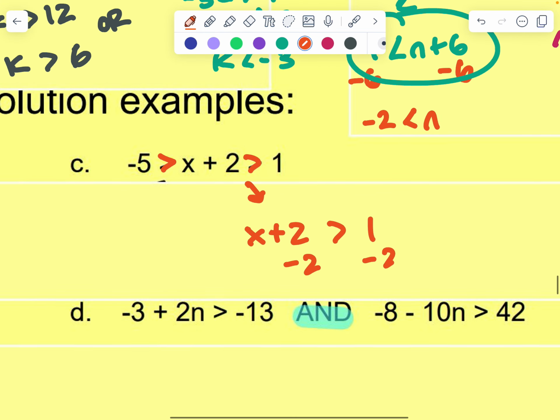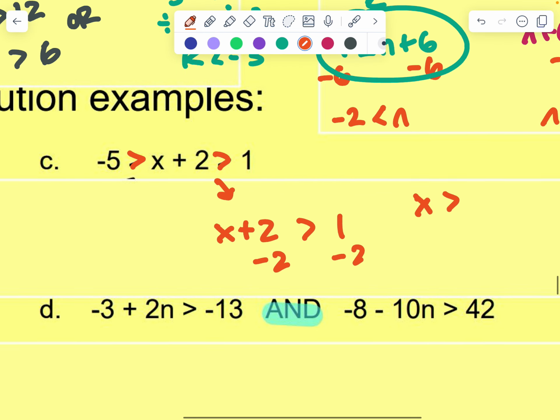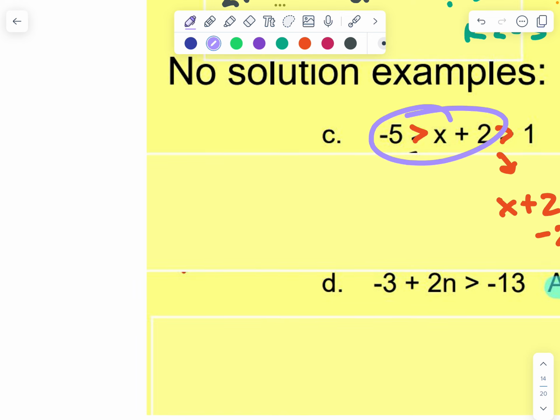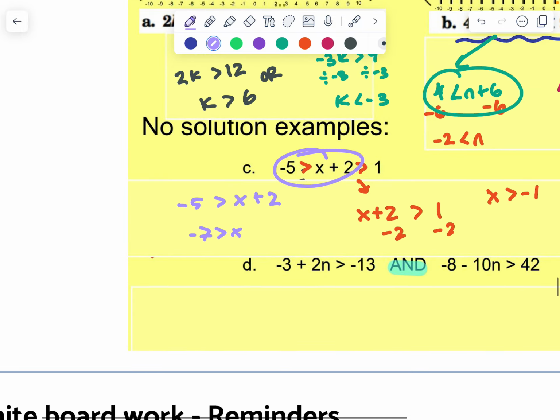So this one says I need any x value greater than -1. Whereas this guy says x plus 2 is less than -5. But tell me an x value that is both less than -7 and greater than -1.